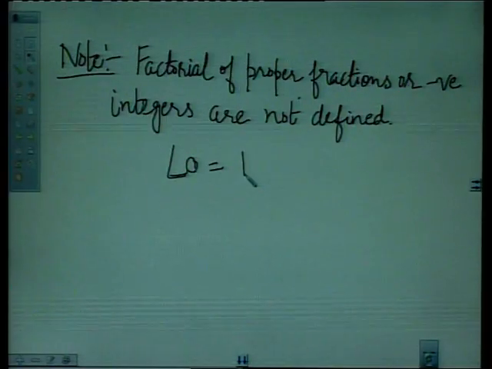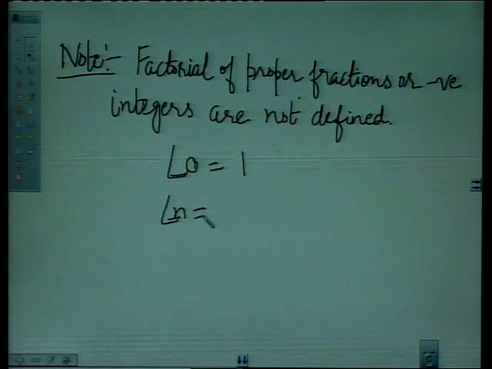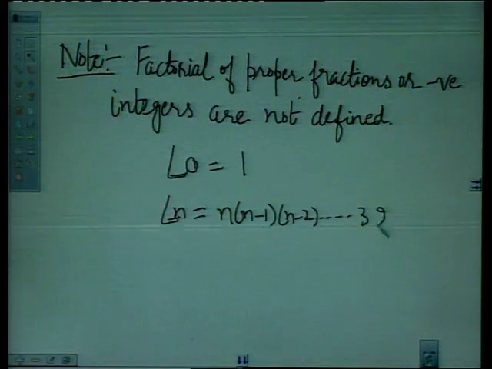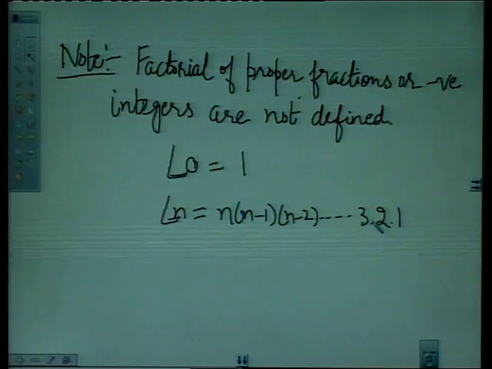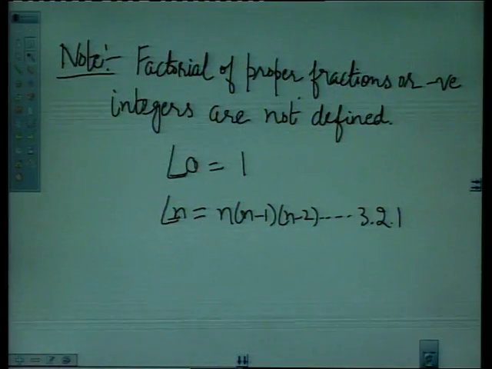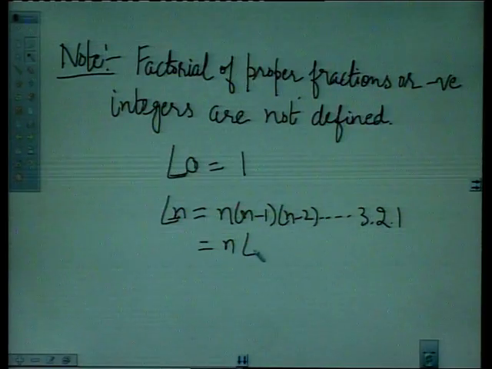Then we know n factorial is the product of first n natural numbers. This is n, n minus 1, n minus 2, and so on to 3 into 2 into 1. If we want to write n factorial in terms of another factorial, we can write this as n into n minus 1 factorial.